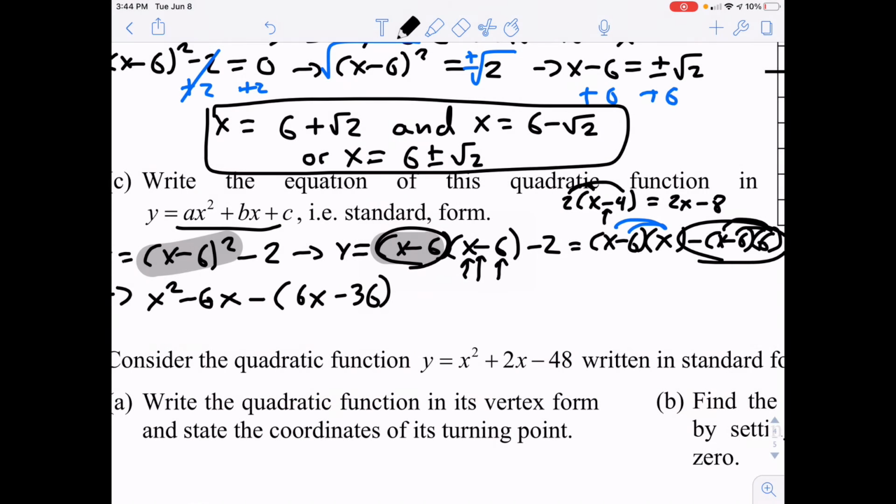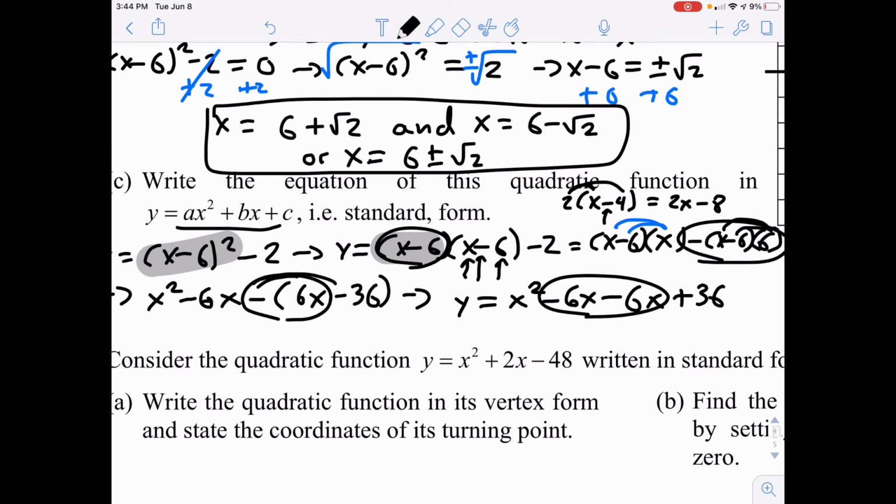And then I'm just going to distribute the negative to both sides there, and we get y is equal to x squared minus 6x minus 6x plus 36. And then add those together, y is equal to negative 12x plus 36. Sorry, I completely forgot the x squared term there. X squared minus 12x plus 36.